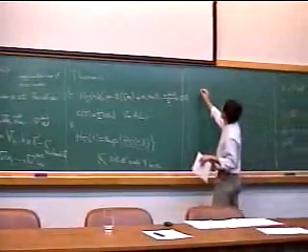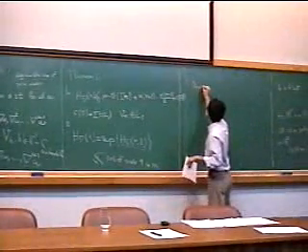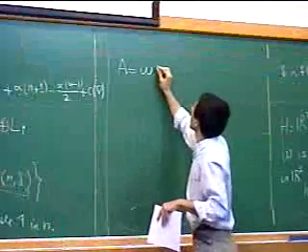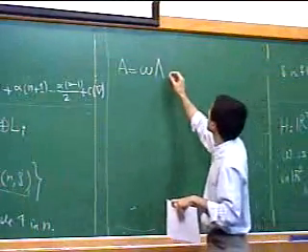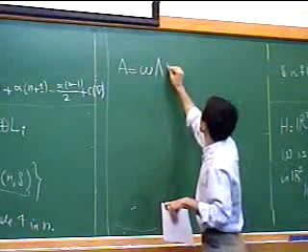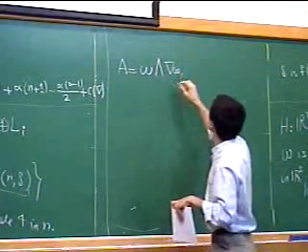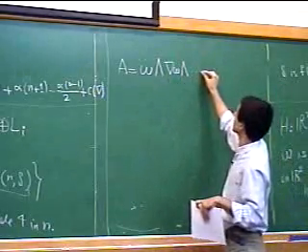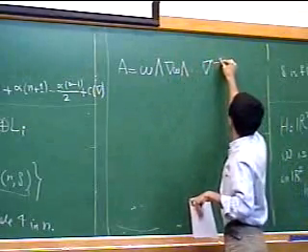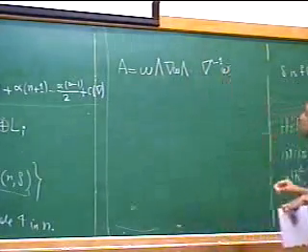We look at this element: omega, nabla omega, up to nabla alpha minus 1 omega.